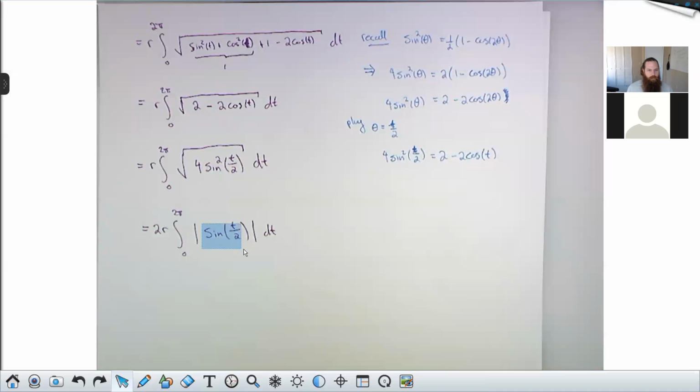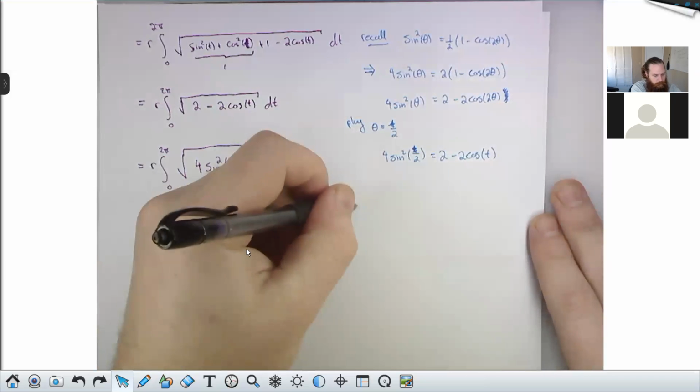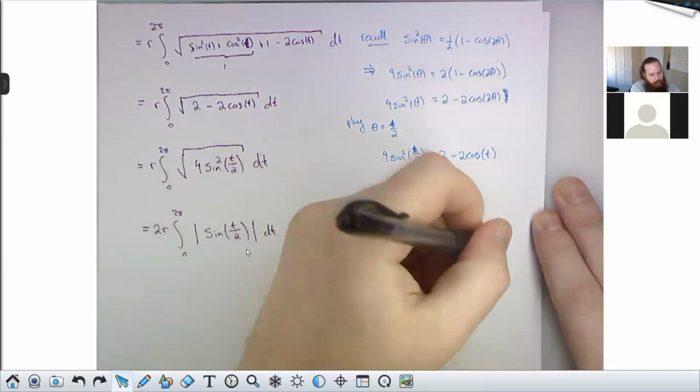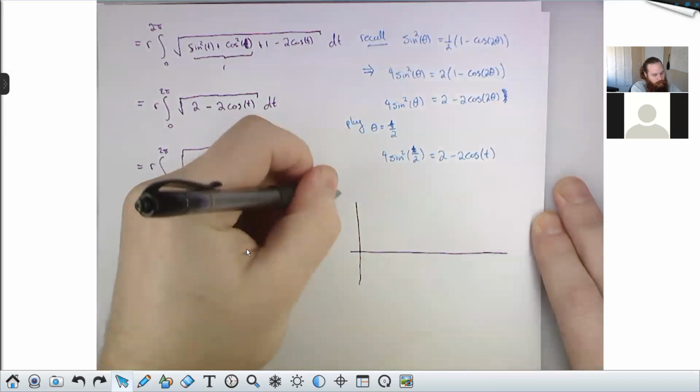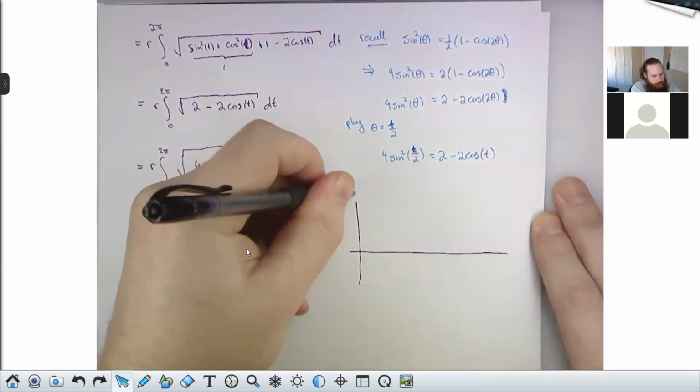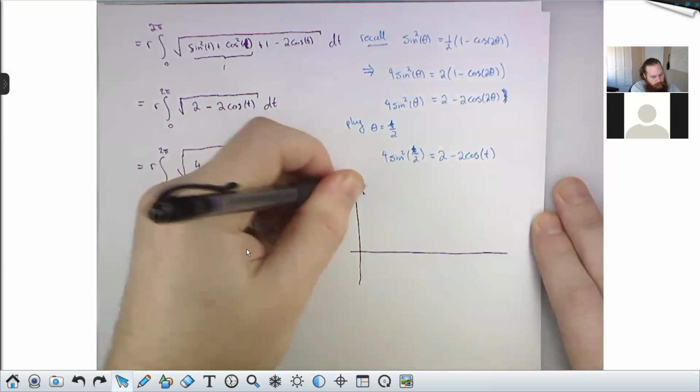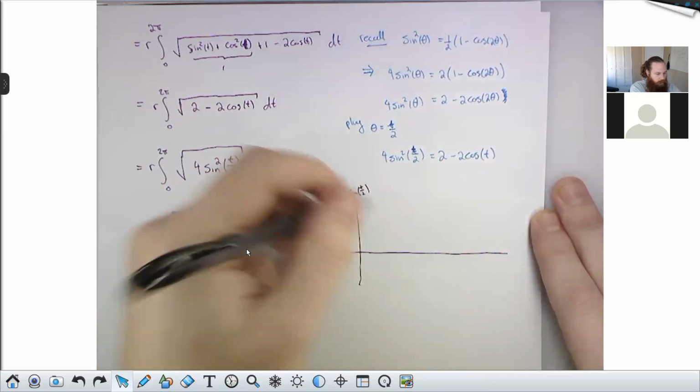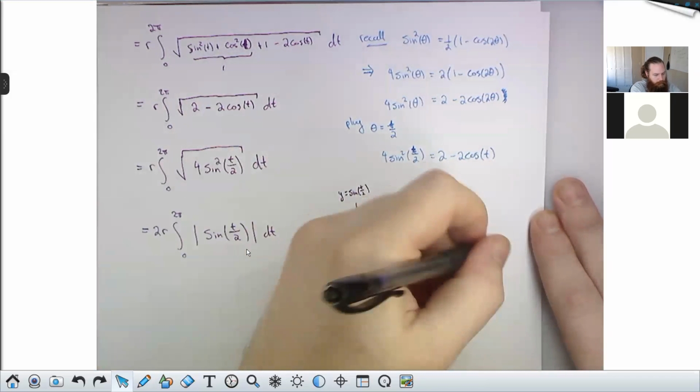Well, it's my regular sine function stretched out by a factor of 2. So the period here is actually 4 pi.